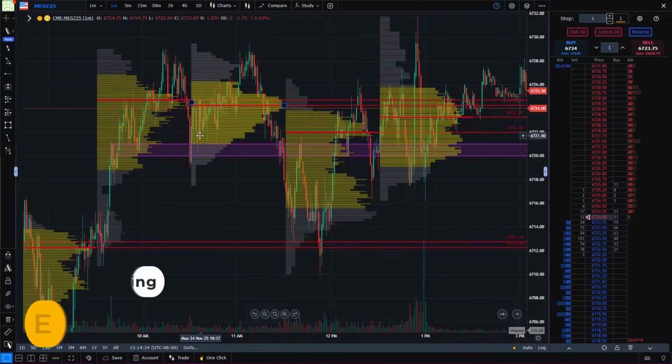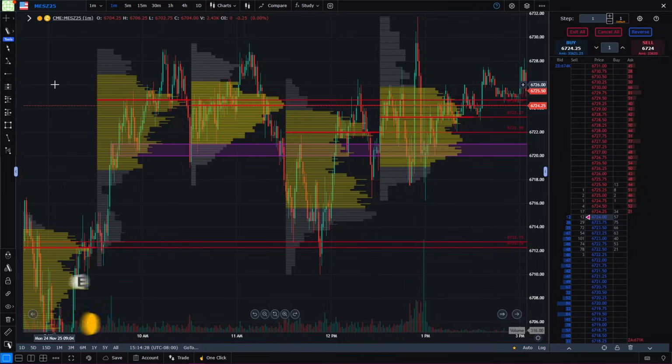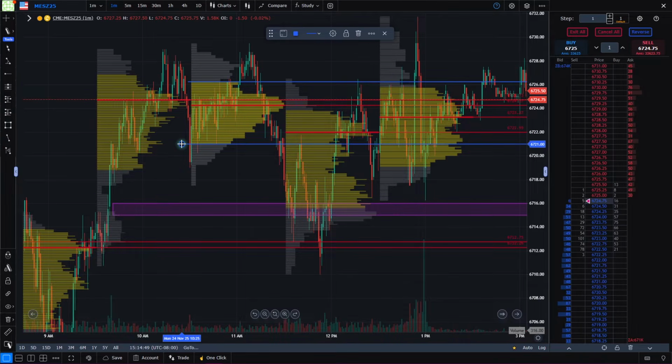Now, when we look at a volume profile, there are a few elements that are important to know. The first is this, where it goes from white to yellow. This is the value area high. And then this down here is the value area low. This means that 70% of the volume in this range, from this start point to this end point, traded in this area.